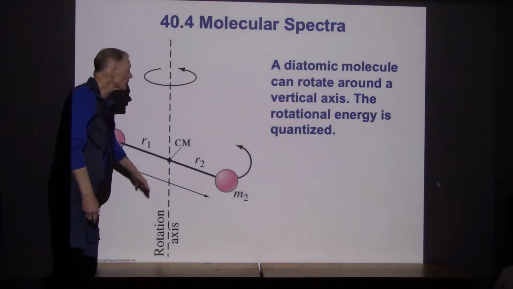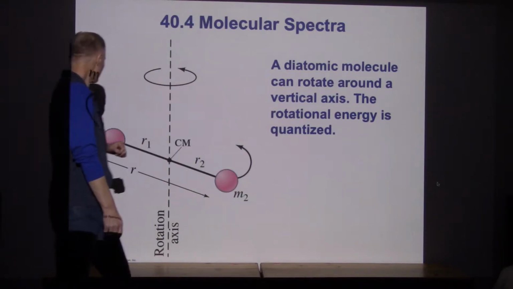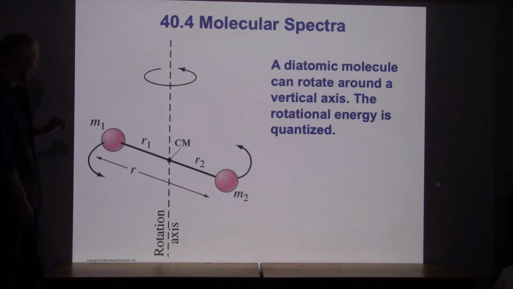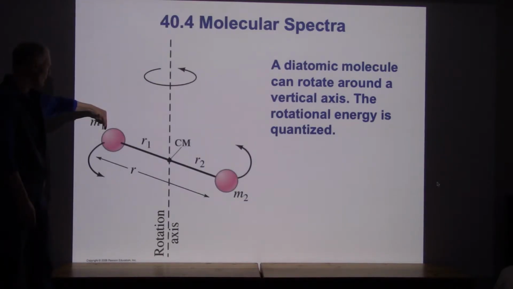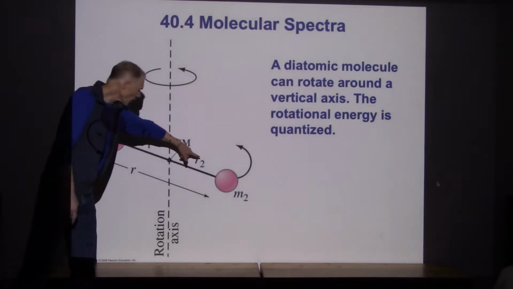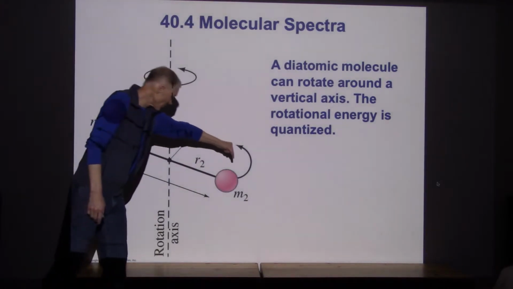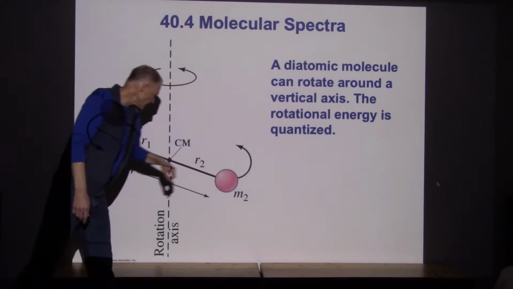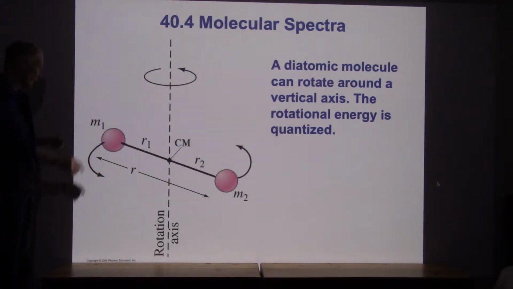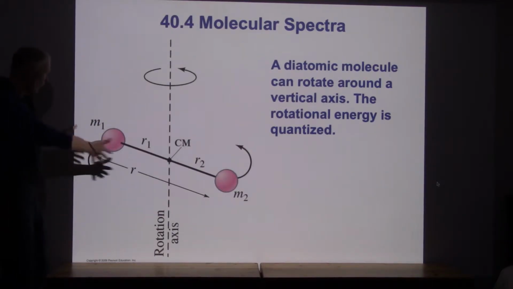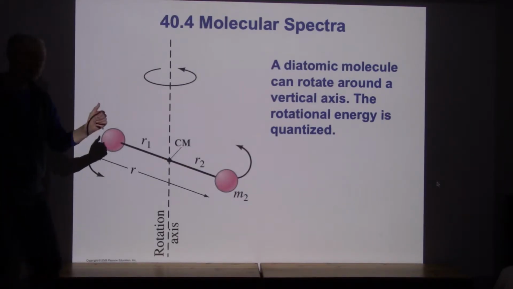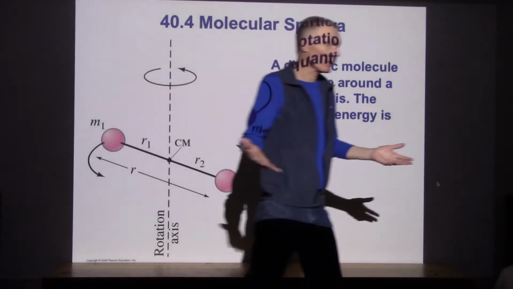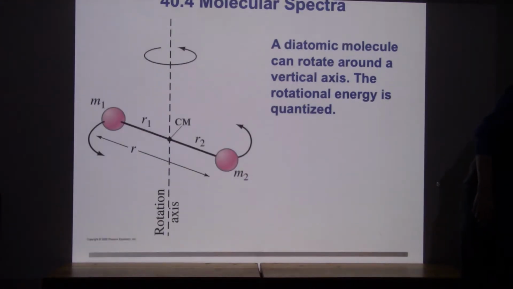So here's our rotational axis. The other items here: R1, the distance from the center of mass out to nucleus 1; R2, the center of mass out to the center of nucleus 2, so out to the centers of the nuclei; and then R as a whole is the distance center to center between the two nuclei. It's the bond length that this is keeping track of.